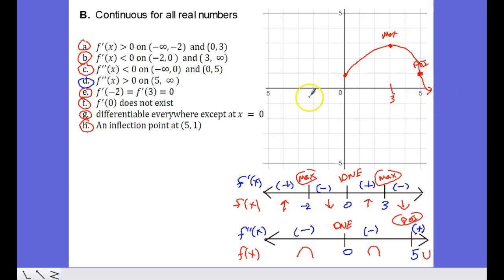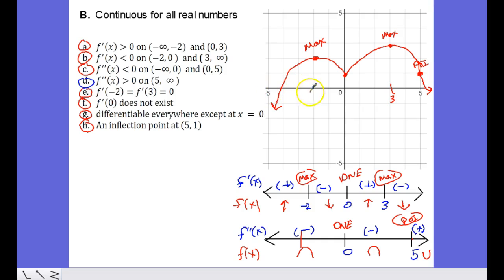All right, let's take a look at the left side. So they tell me that I have a max at -2. My function is increasing from the left, decreasing to the right, and it is concave down. So concave down from -infinity to 0, concave down from 0 to 5, concave up from 5 to infinity. Concavity checks.